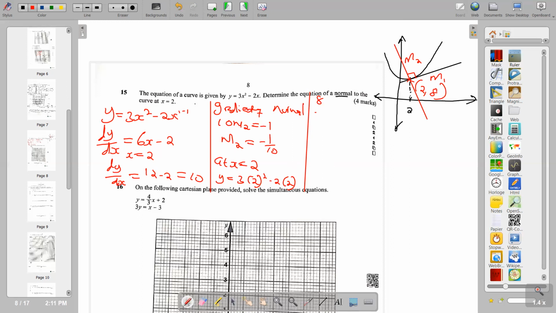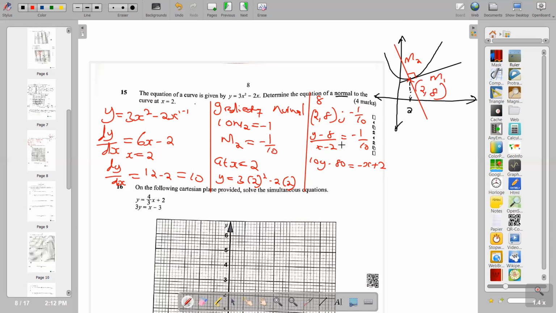So you have a point (2, 8), and you have the gradient as -1 over 10. So you can now find the equation (y minus 8) over (x minus 2) is equals to -1 over 10. Cross multiplying, that will be 10y minus 80 is equals to minus x plus 2.